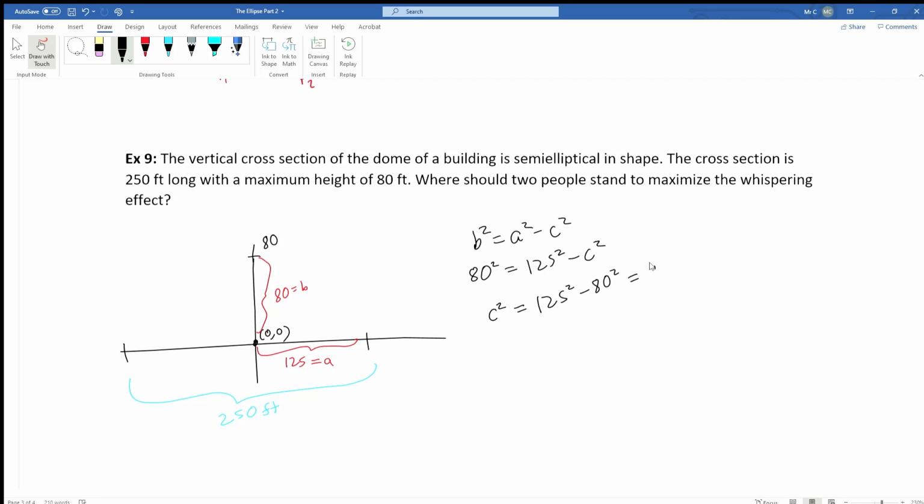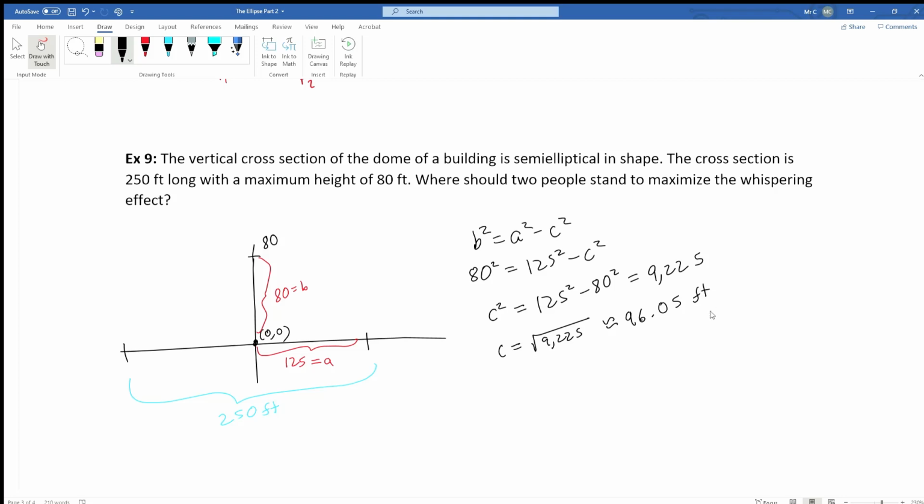So for c squared, I get 9,225. So c is exactly the square root of 9,225, which is approximately 96.05 feet.